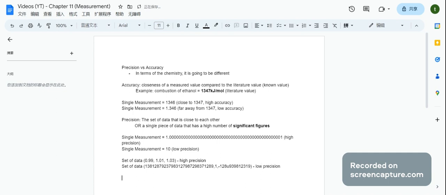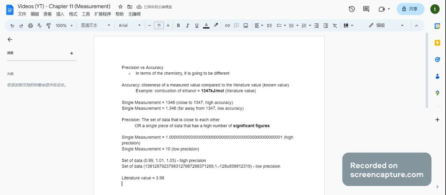Knowing this, you can see that there's a difference between accuracy and precision. So I'm going to give you a few questions then. Let's say we have a literature value of 3.98.